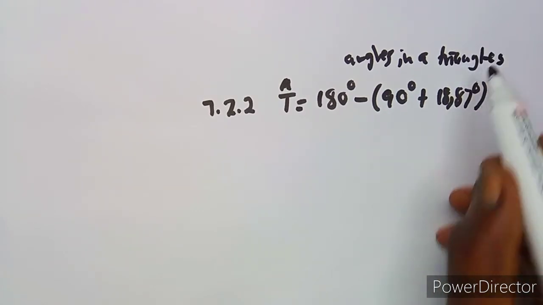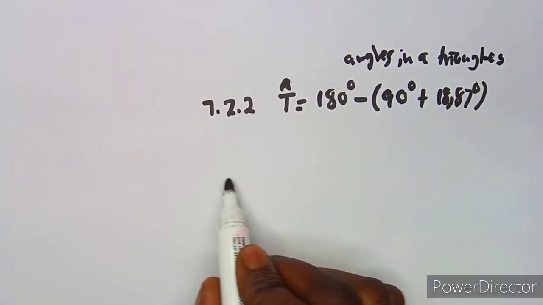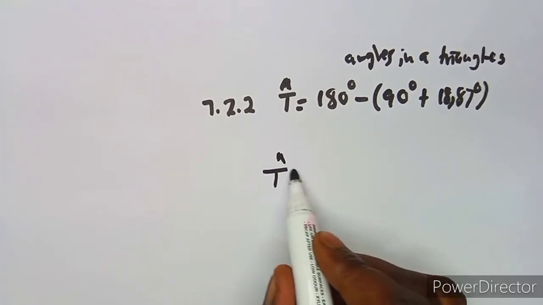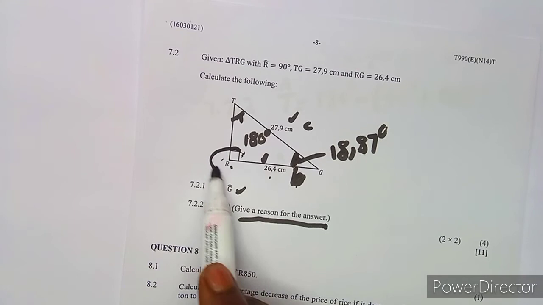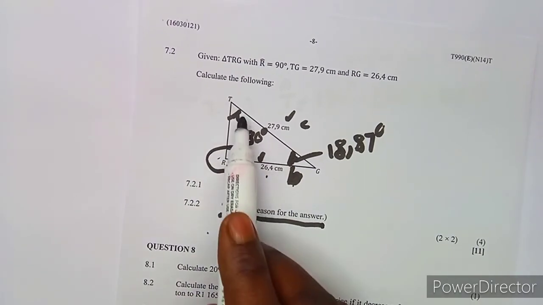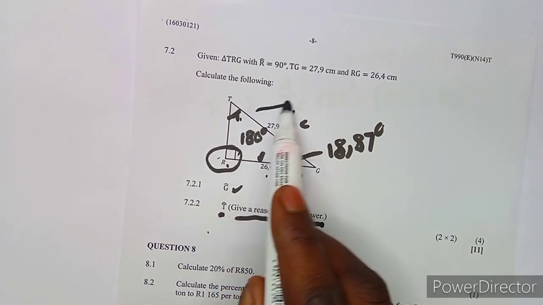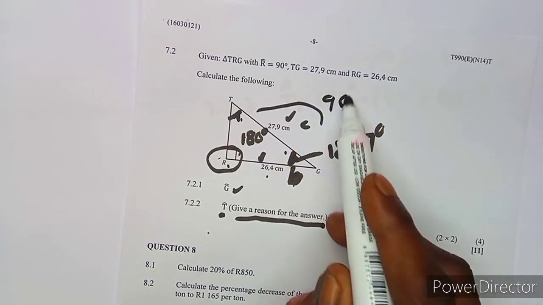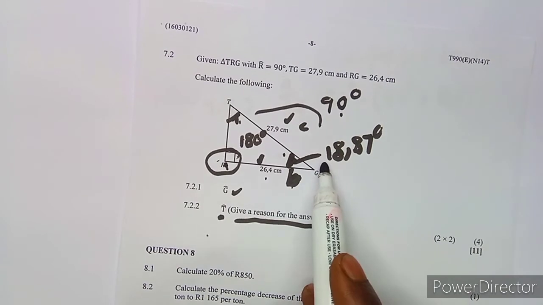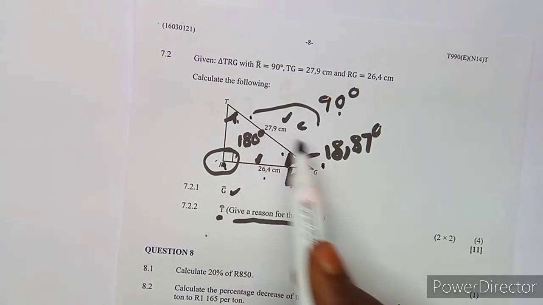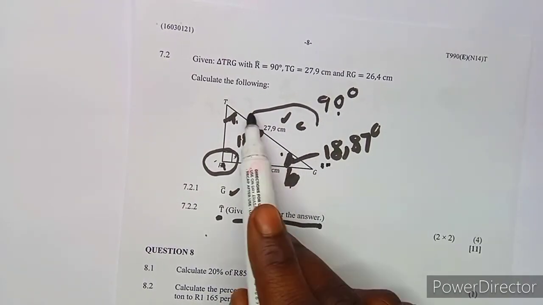Or what is the other concept? T can be found by, since we know that this is already 90 degrees, these two angles should give us 90 degrees. So 90 plus 90 gives us 180. We know that two angles which add up to 90 degrees are referred to as complementary angles.